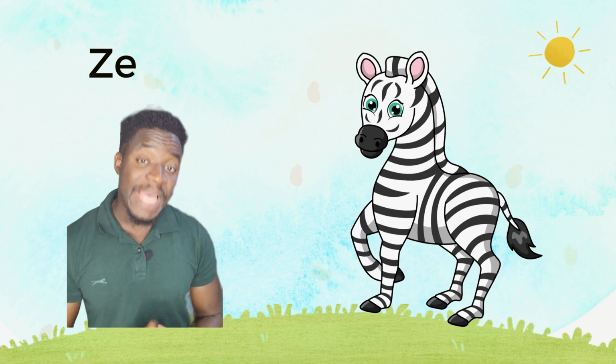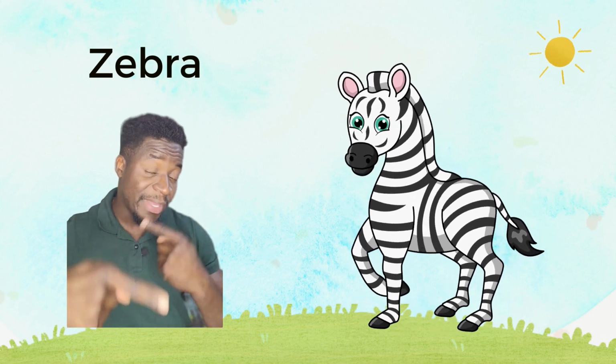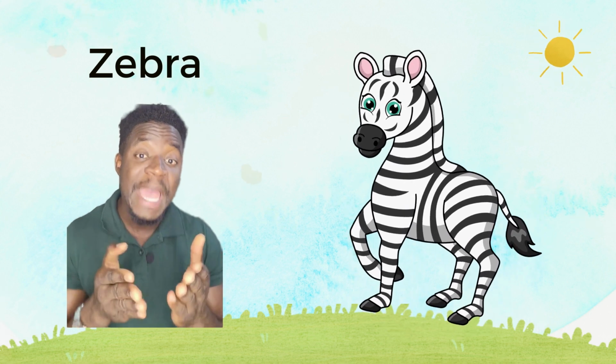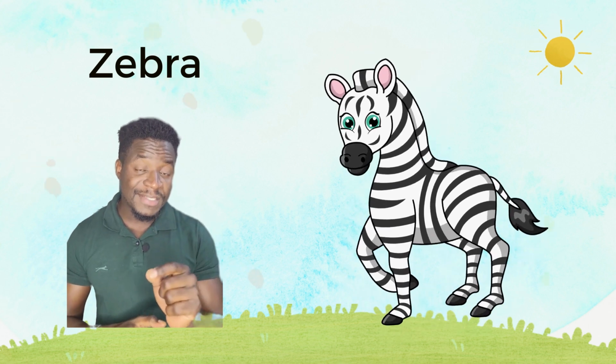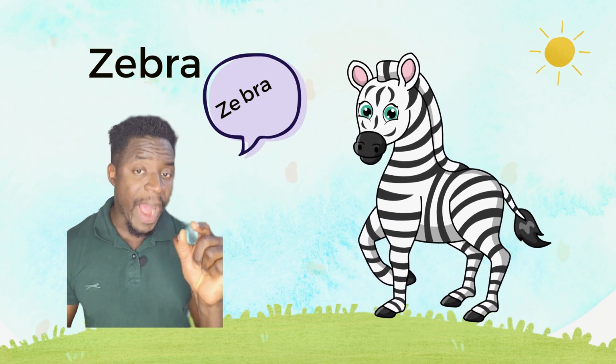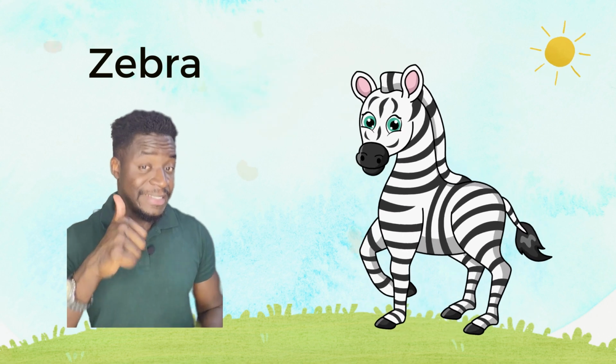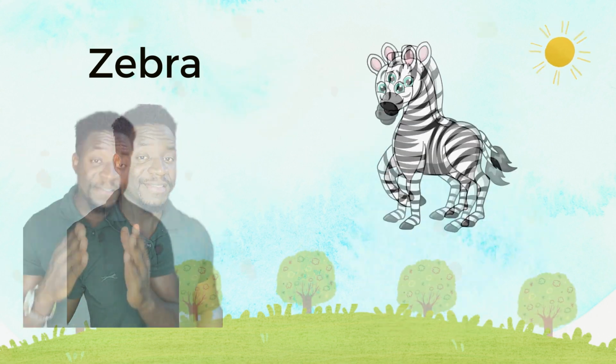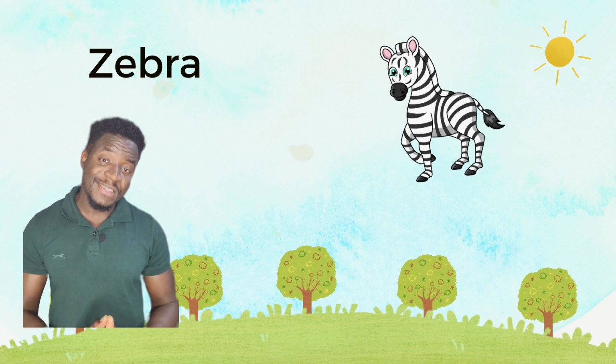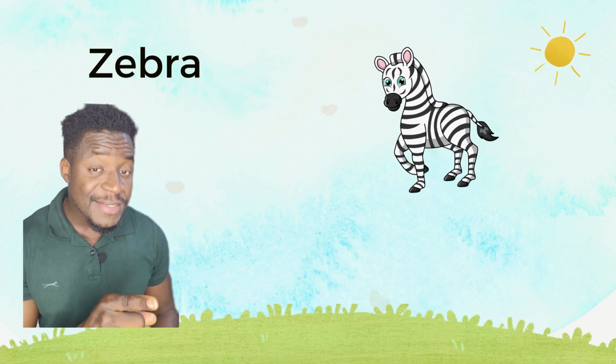An example of a word that begins with Z is zebra. Repeat after me. Zebra. So it is zebra. Zebra. Okay? Zebra. Great.